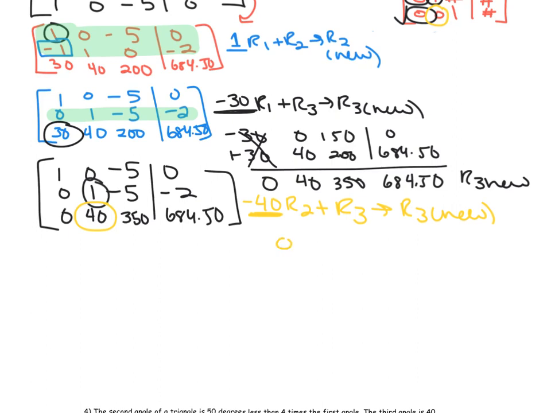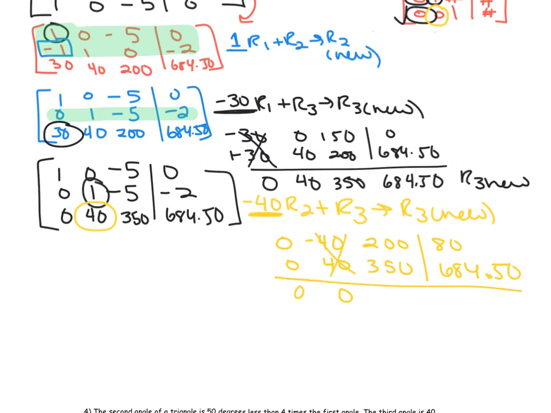I'll have 0, negative 40. Negative 5 times negative 40 is positive 200, and negative 40 times negative 2 is positive 80, and we're adding that with 0, 40, 350, and 684.50.